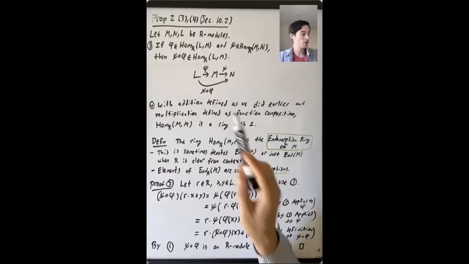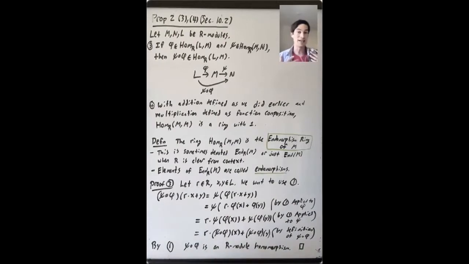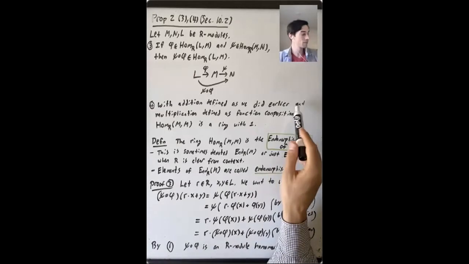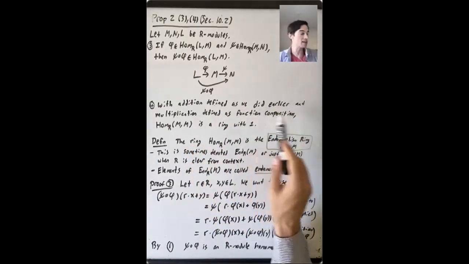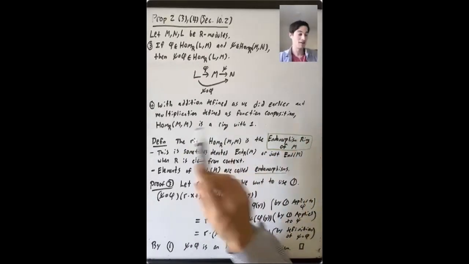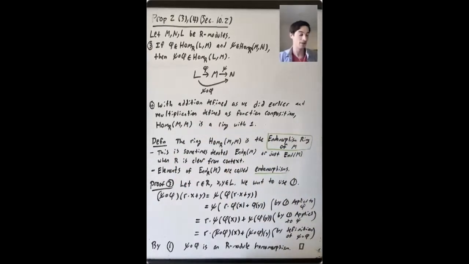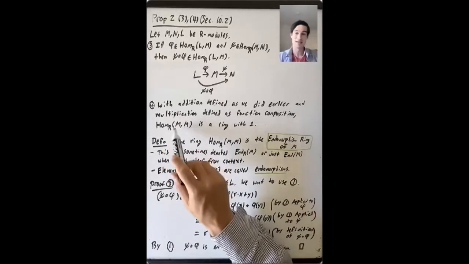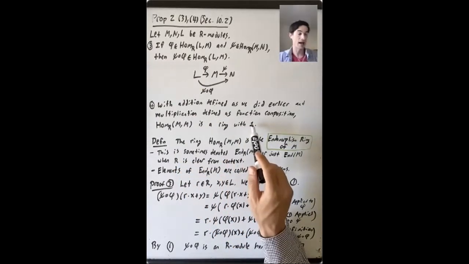And in that case, with addition defined as we defined in the previous video, where we took phi and psi being two R-module homomorphisms, and we defined phi plus psi by saying what it does to any element x in M, you can define addition as before, and you can define multiplication as the composition of functions. That turns the set of all R-module homomorphisms from M to itself into not just an abelian group, but into a ring. And that ring always has an identity.